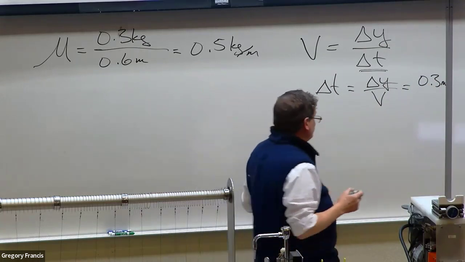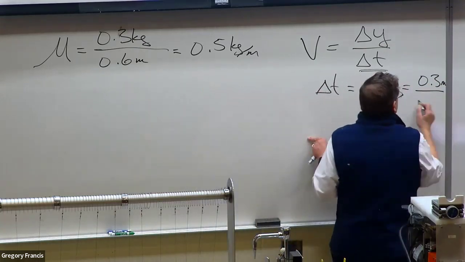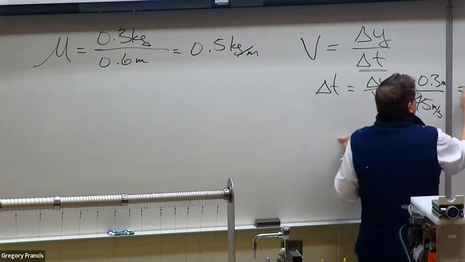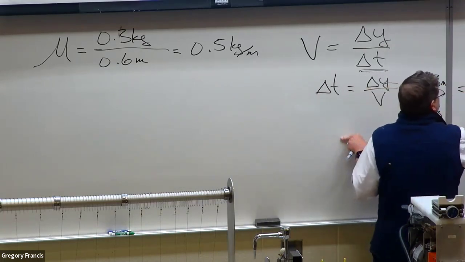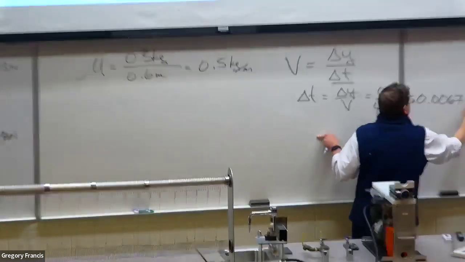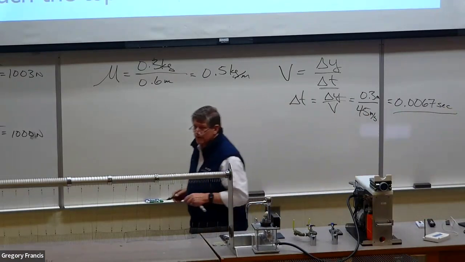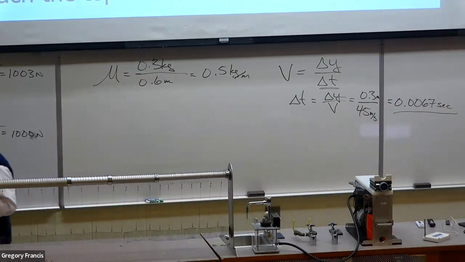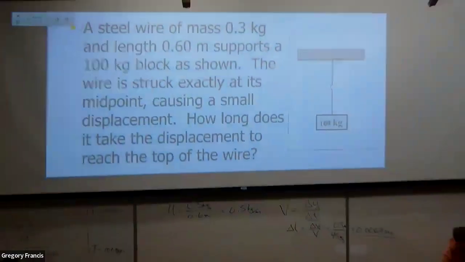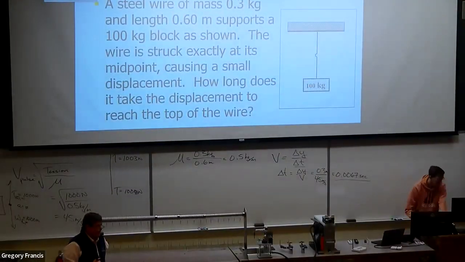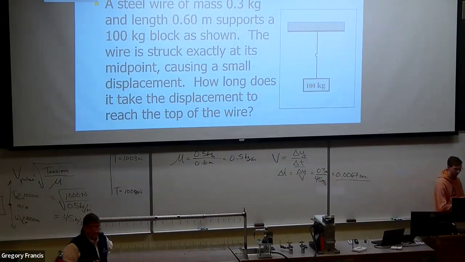It only had to go halfway up. And then I divide that by 45 meters per second, and that's going to give me 0.0067 seconds. 45 meters per second is about 100 miles an hour. This thing is booking. So it's going to get to the top of that wire probably faster than you can blink. Questions on that problem?